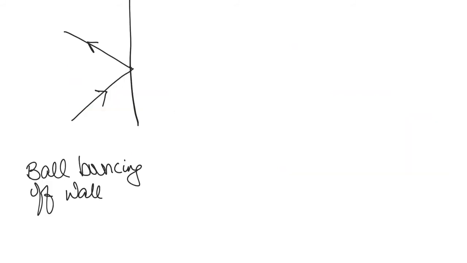The last thing I want to do with you today is talk about a ball bouncing off a wall and what's really happening here. Let's say it's coming in with an initial momentum, p sub i, and it leaves with a final momentum, p sub f. And let's say this is a ball and it has the same speed in and out.